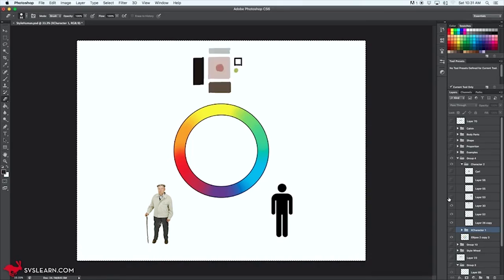My abstract elements here are rectangles and squares. And what's the emotional connection that we have with rectangles and squares? Oftentimes there's the slang that someone might say, don't be square, right? And that comes back to this idea that square things are immovable.